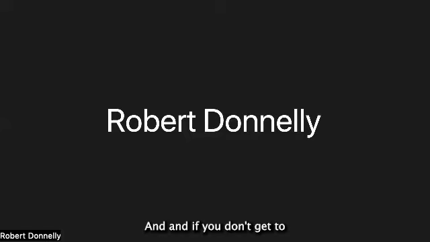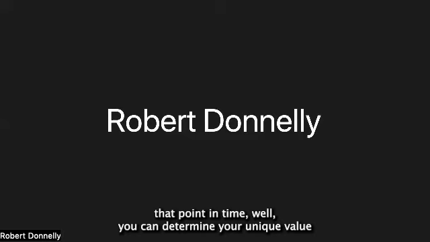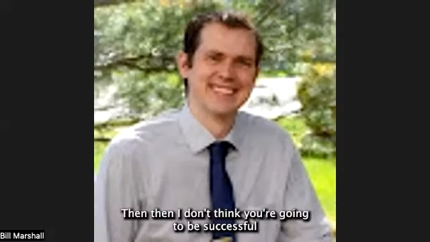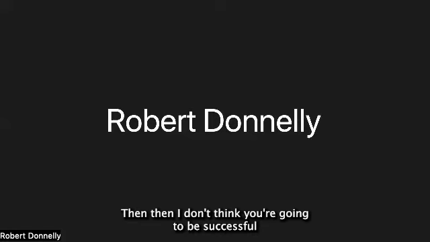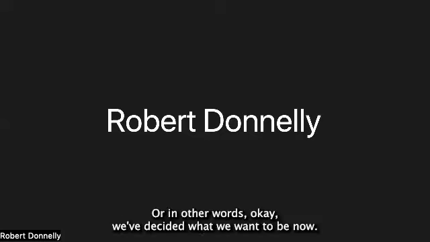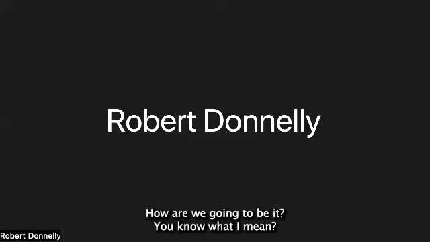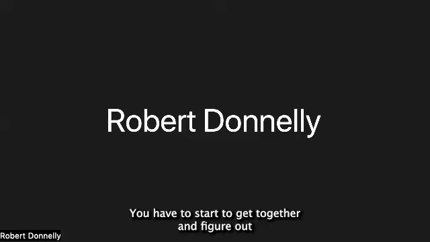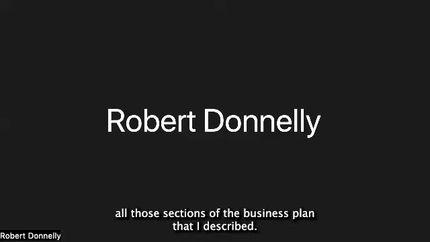And if you don't get to that point in time where you can determine your unique value proposition and your vision, then I don't think you're going to be successful with the rest of the planning process. Because after that, then you have to develop your mission for getting it done. Or in other words, okay, we've decided what we want to be. Now, how are we going to be it? You know what I mean? You have to start to get together and figure out all those sections of the business plan that I described.